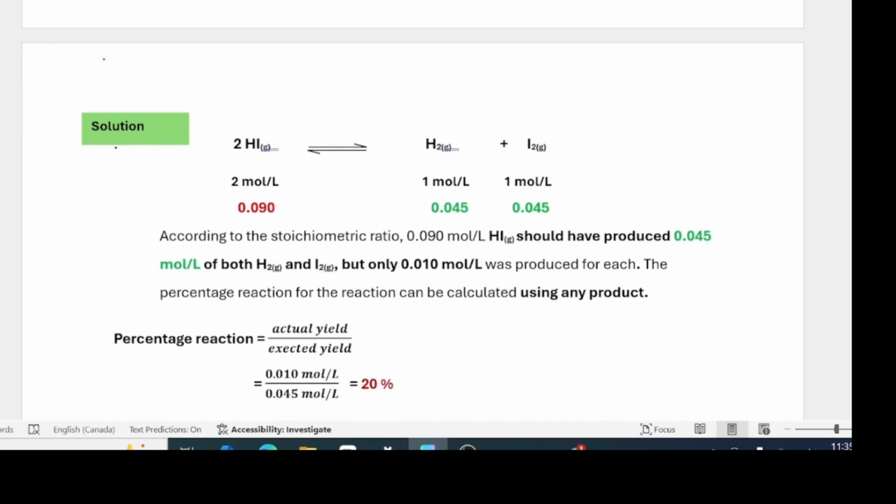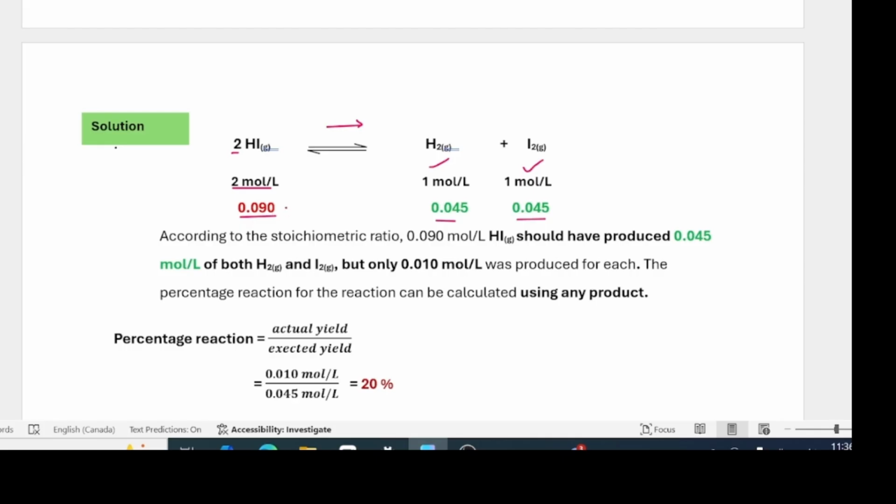This is the solution. If we had 2 moles per liter of hydrogen iodide, and this reaction went to completion, we would have ended up with 1 mole per liter of hydrogen and 1 mole per liter of iodine. Or if we had that concentration of hydrogen iodide, we should have gotten that concentration of hydrogen and that concentration of iodine, because every 2 moles is giving you 1 mole and 1 mole.